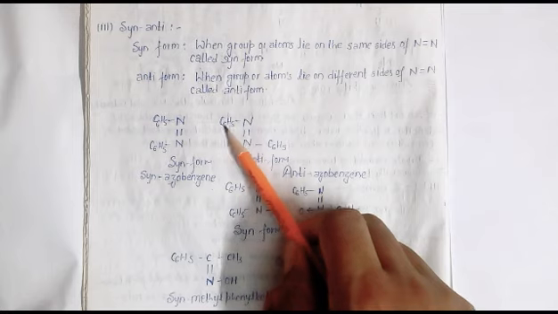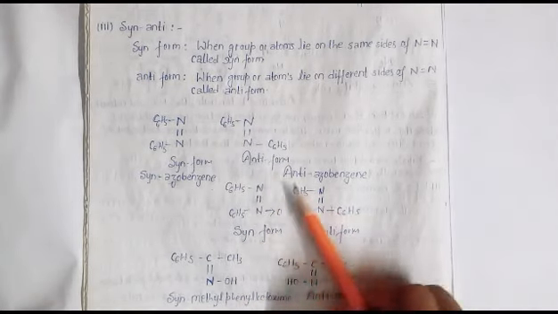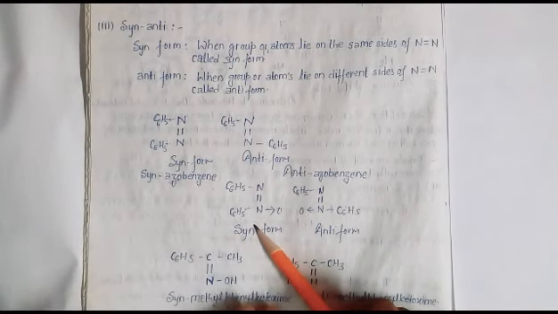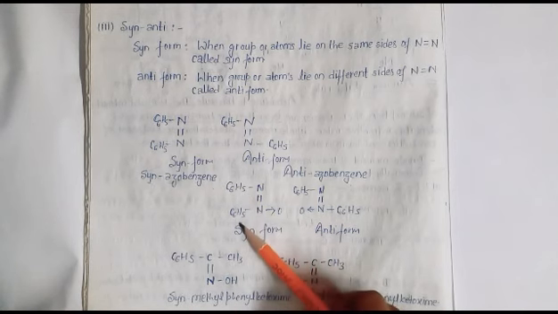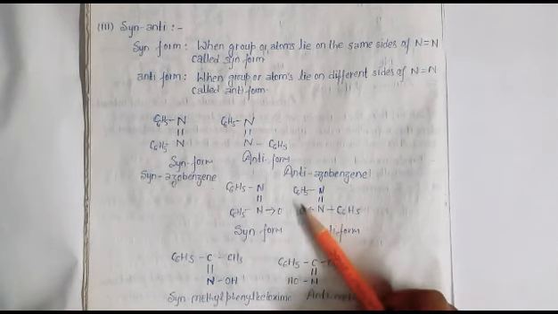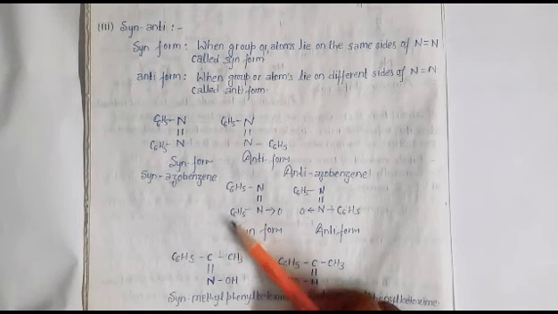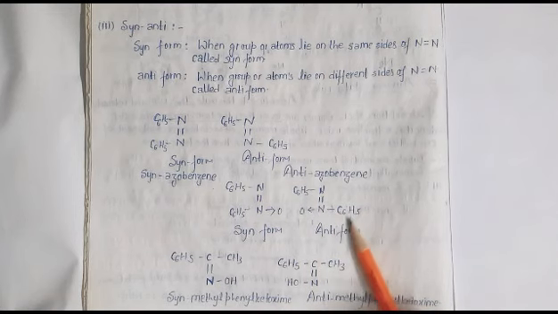In another case, they lie on different sides, this is called anti form. It can also be observed in this type of molecule where N double bond N, and this is coordinated oxygen. This is C6H5, C6H5, this is C6H5, C6H5. Like groups lie on the same side, syn or cis form, and like groups lie on the opposite side, anti or trans form.